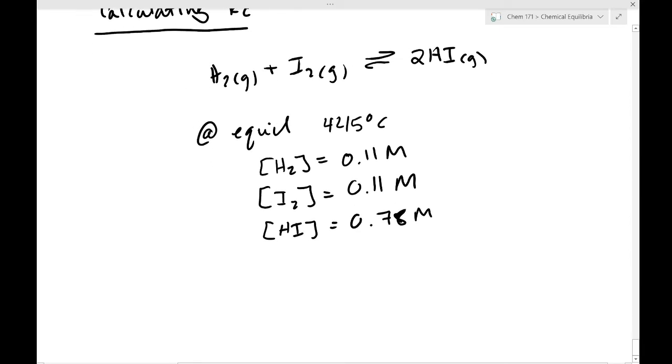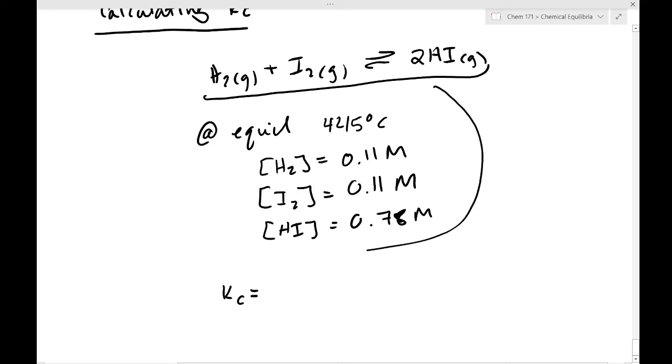Okay, so in this case, we just plug them into our Kc equation, which we can find just by looking at the equation here. So we have products HI concentration divided by the hydrogen concentration and iodine concentration multiplied together.